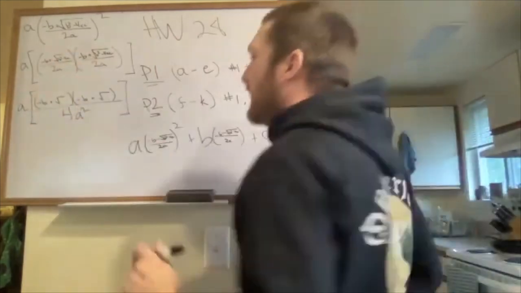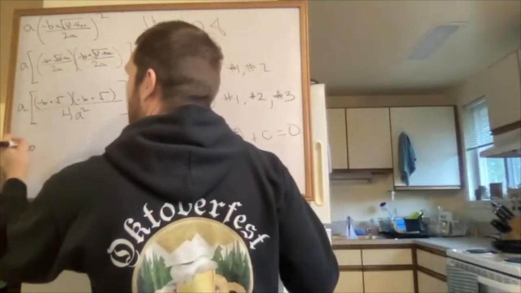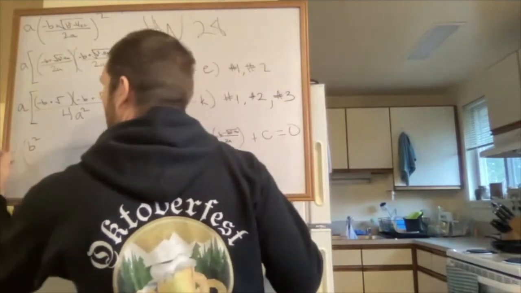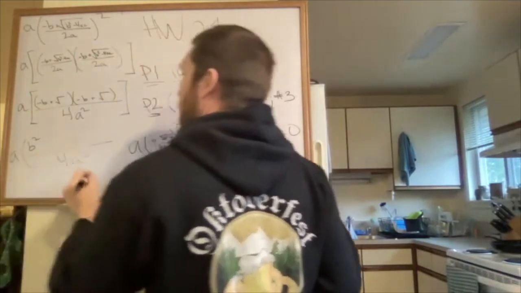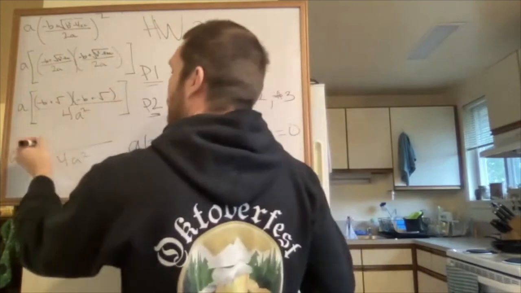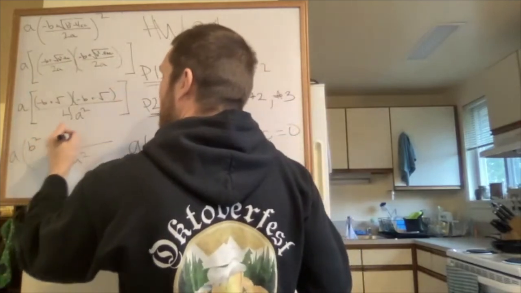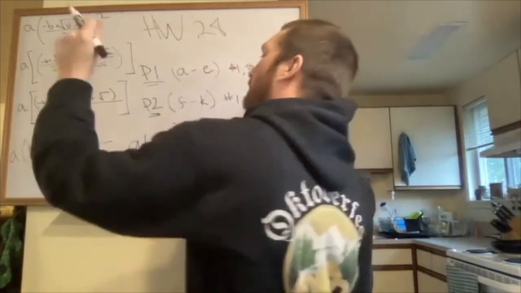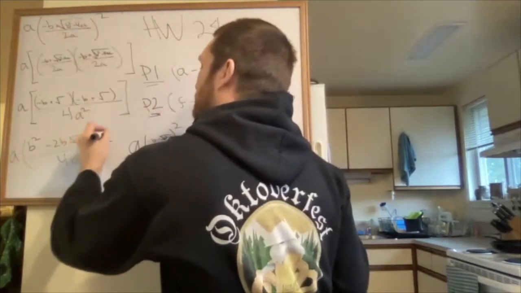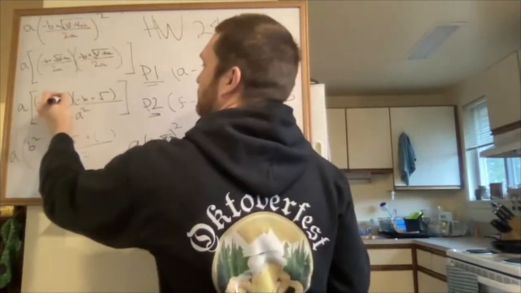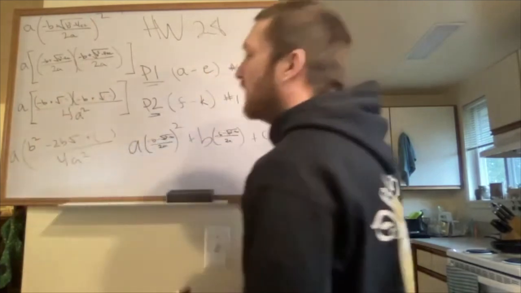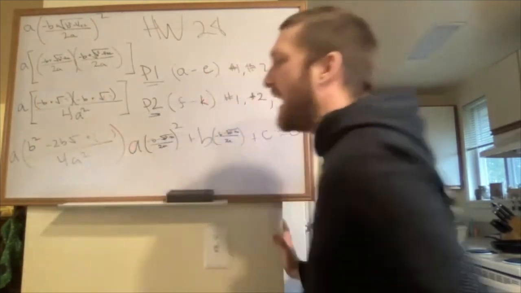First, outer, inner, last should give you a positive b squared. Outer, inner will give you minus 2b times that root. A plus and a plus will be whatever was in the root, which is b squared minus 4ac, but it's going to look like that right there.